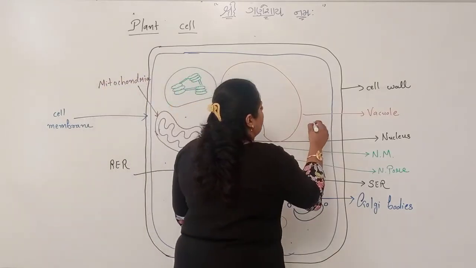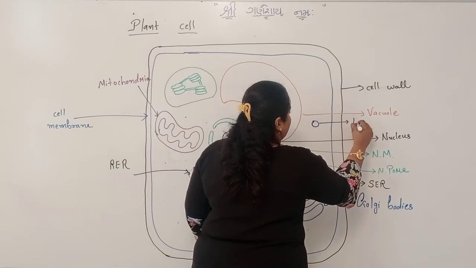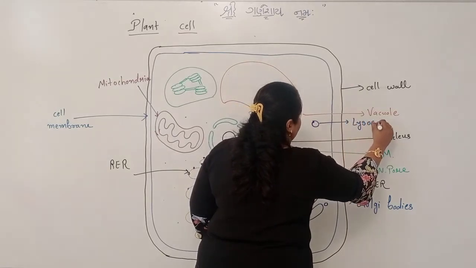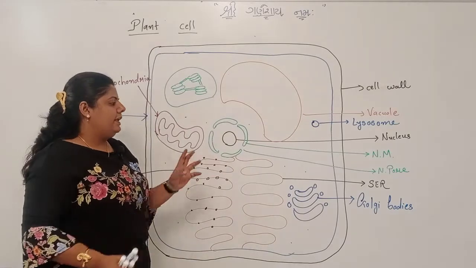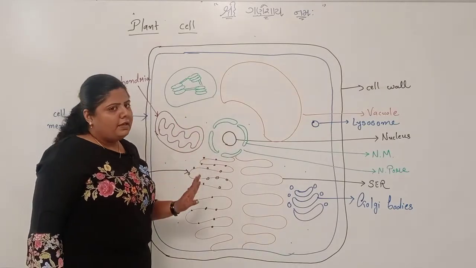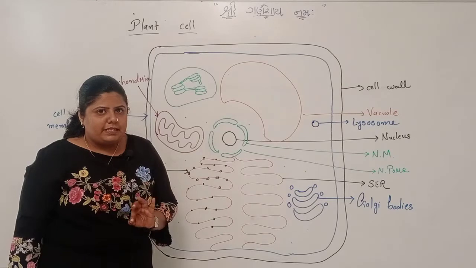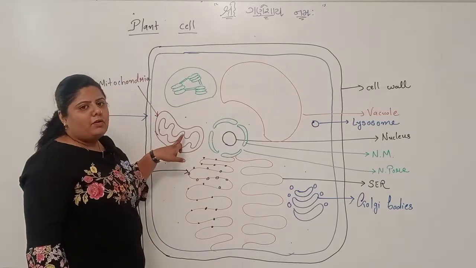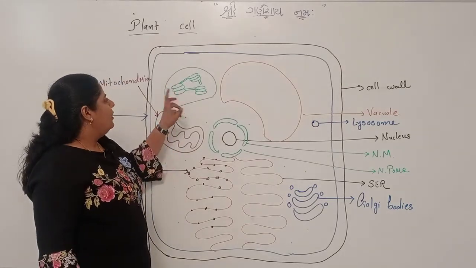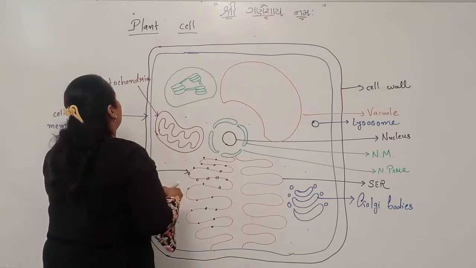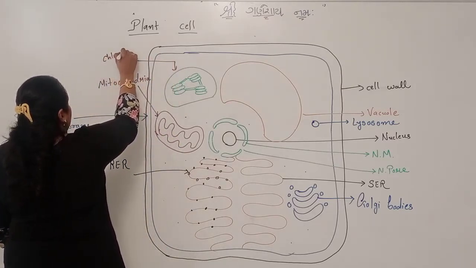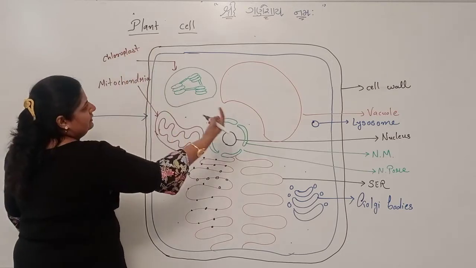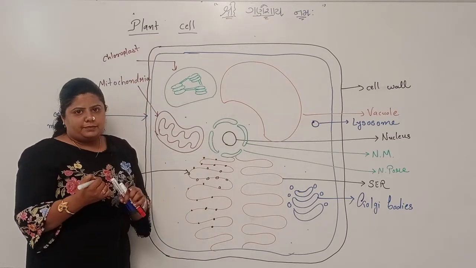Then lysosome, same as in the animal cell. Ready? So this is the plant cell: nucleus, smooth and rough endoplasmic reticulum, mitochondria the powerhouse, chloroplast, then cell wall and vacuole.